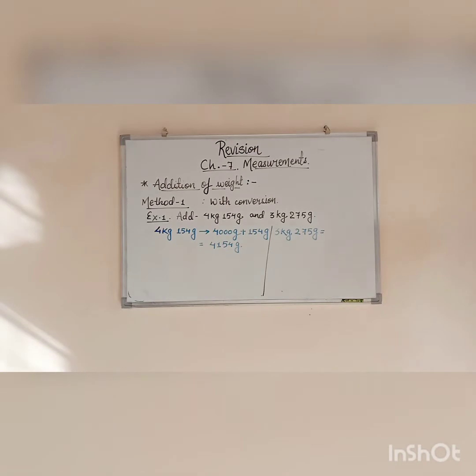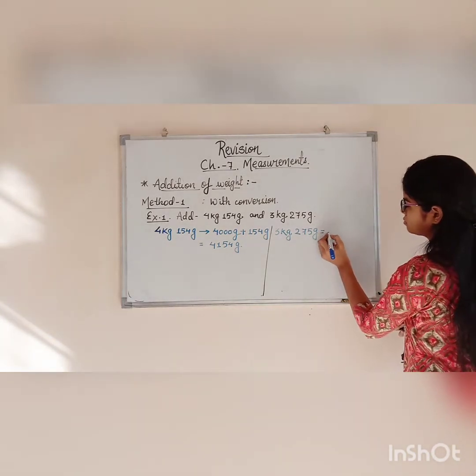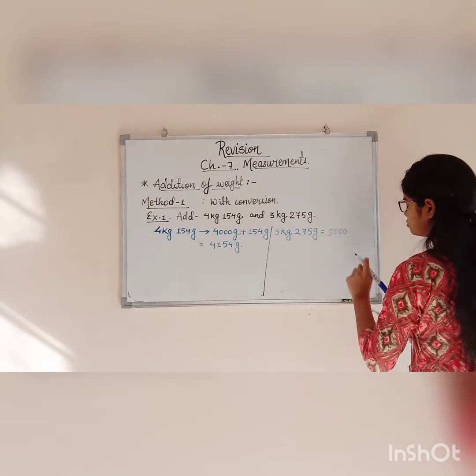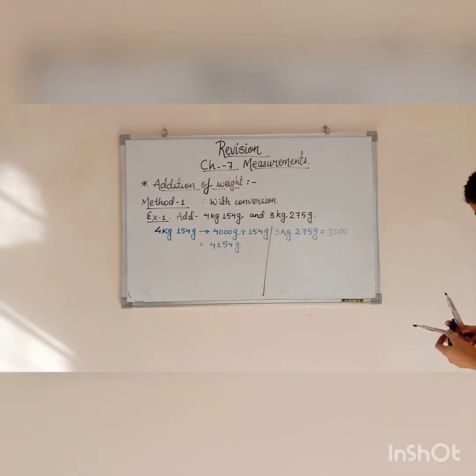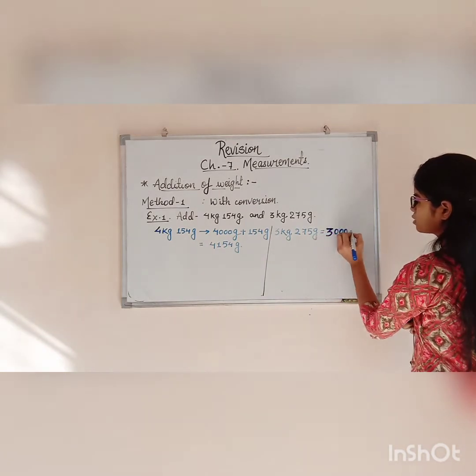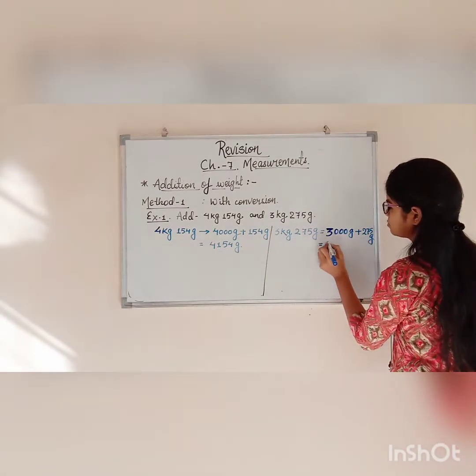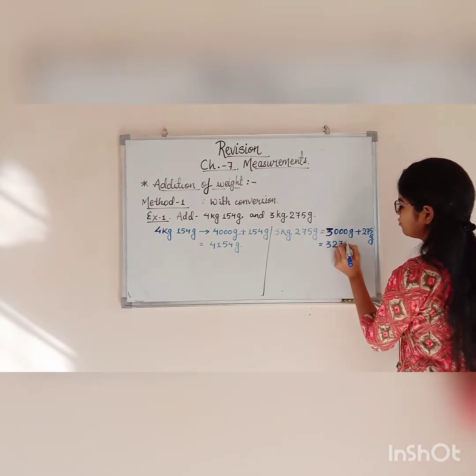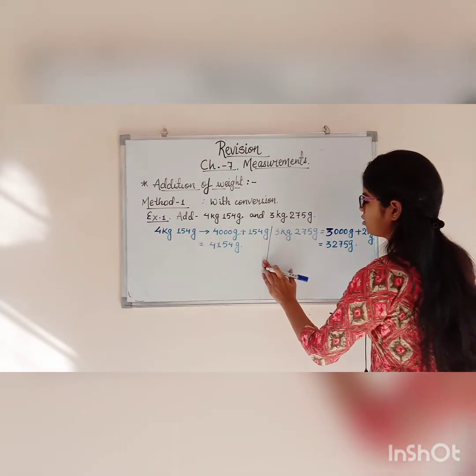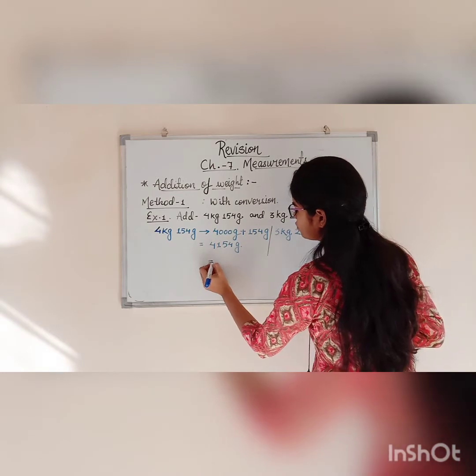Its conversion is 3000 grams and 275 grams, because 275 is already in grams, so we just add it to 3000 grams. The total is 3275 grams.